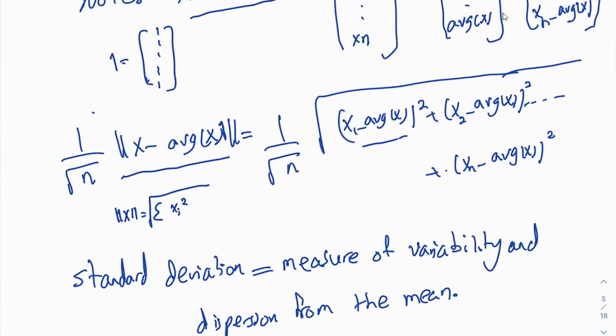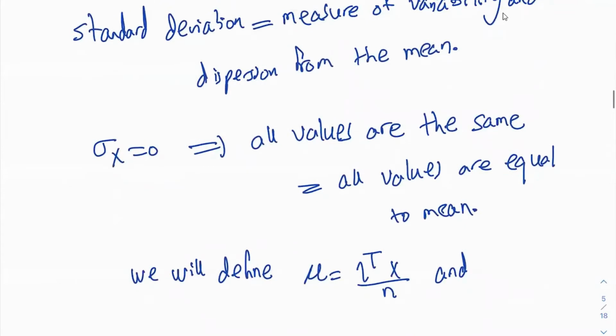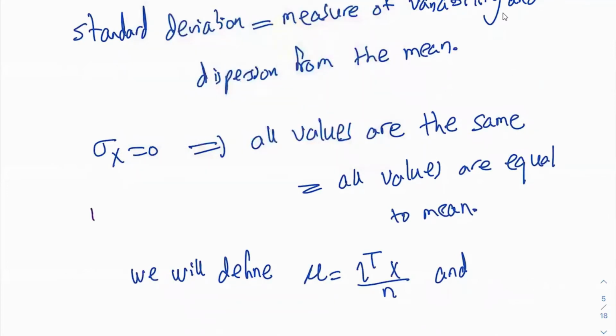Now, I defined the standard deviation as a measure of variability and dispersion from the mean. If the standard deviation is equal to 0, this means that all the values are the same, or in a sense all the values are equal to the mean. For example, let's say you have some data: 5 and 5.